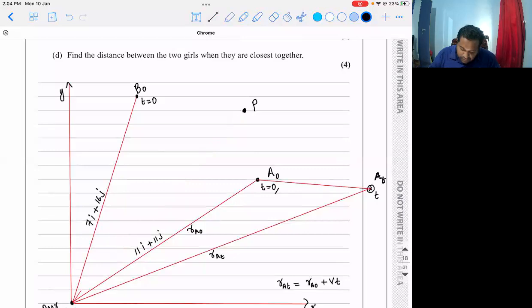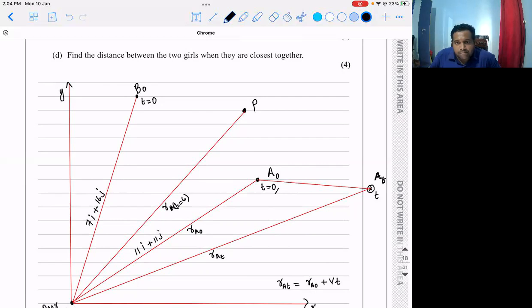First of all, we need to find the position vector of Agatha at t equal to 6.